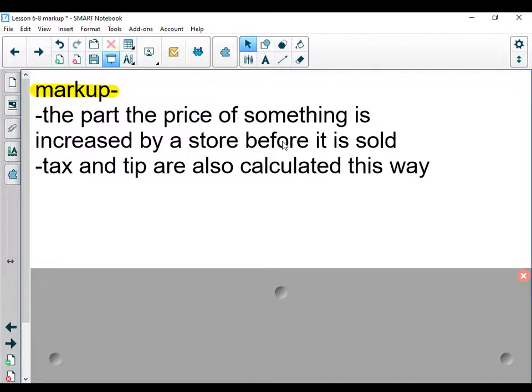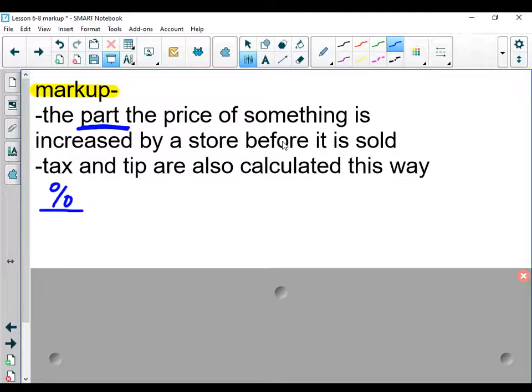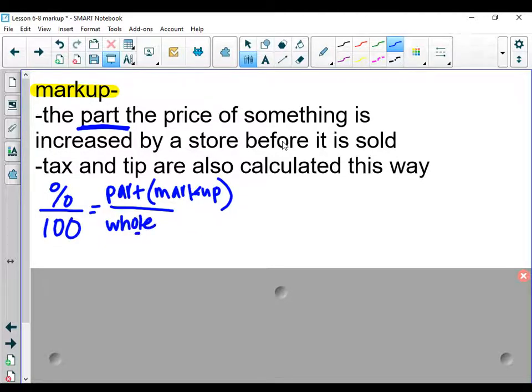So, the part. The last 2 days, the percent was missing. Today, the part is missing, which is the markup. And the whole in this problem is the store's cost.